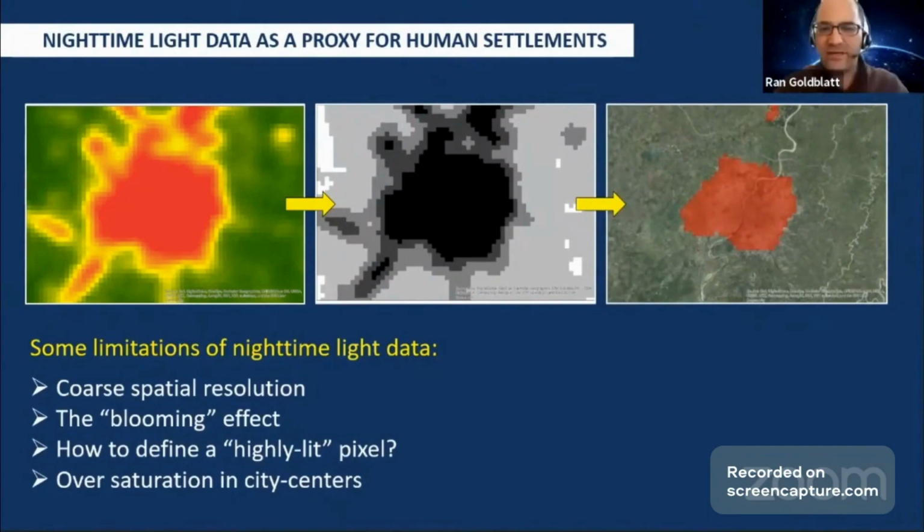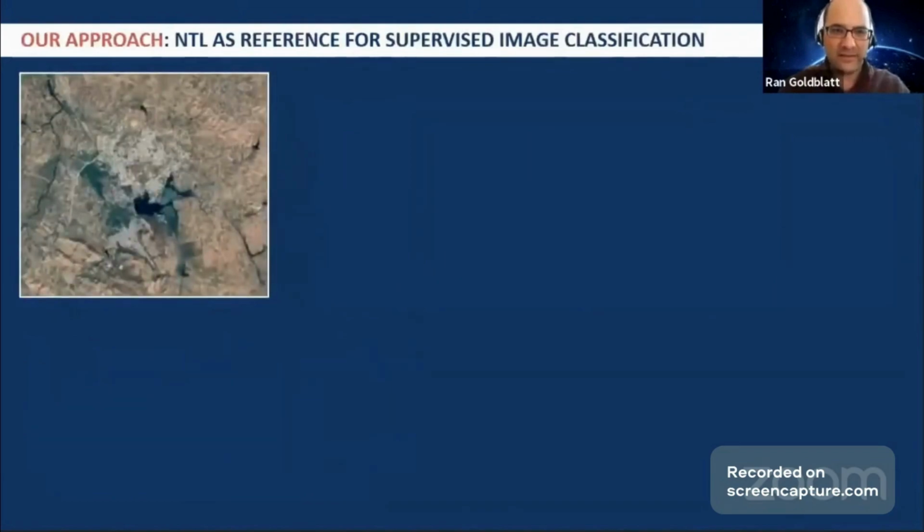There are also other limitations of DMSP-OLS as well as VIIRS: the coarse spatial resolution, the blooming effect or the expansion of light, and oversaturation in city centers, meaning that in the city center there are bodies of water and vegetation that we cannot necessarily capture using the nighttime light data.